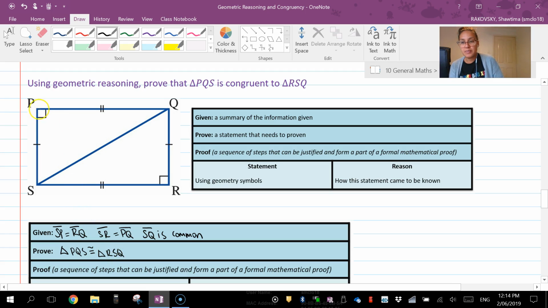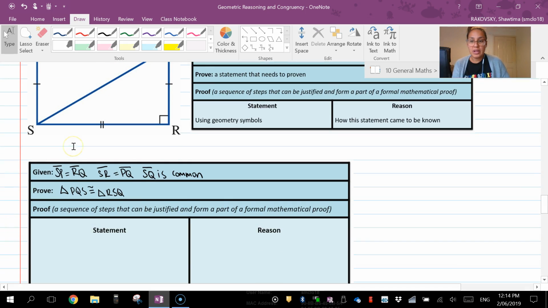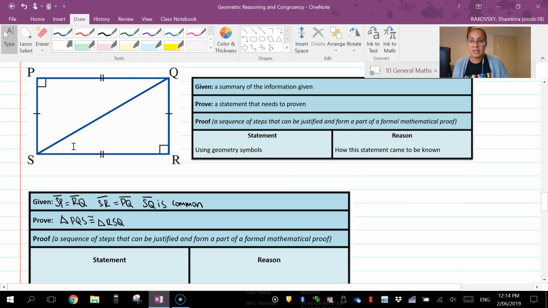See how when it says PQS, RSQ, they are corresponding. So what we can see here is that my statement is that we have, because of our given information, line SP is equal to line RQ.